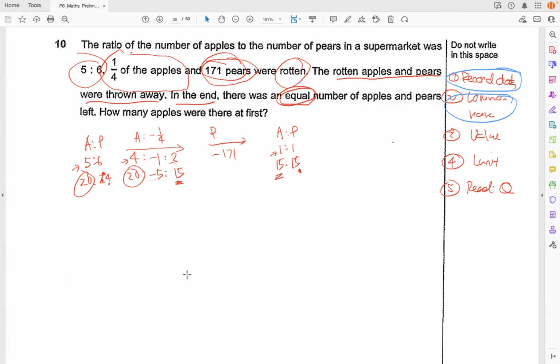Let's look at the third step. The third step is value. The only value in this question is 171, and that relates to pears. So let's focus on the pears. Pears was 24 units at first, and you took away 171 rotten pears, and you're left with 15 units of pears. You see, that's how you do it.